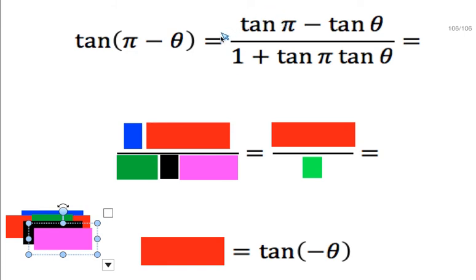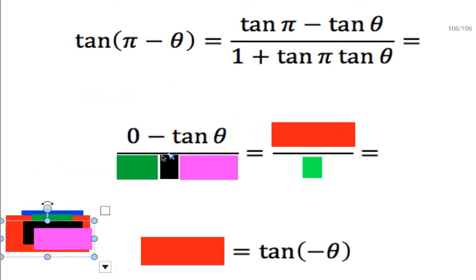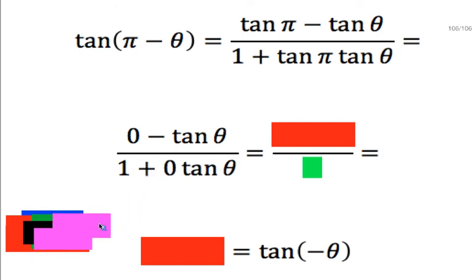You can use your exact value table. Tangent of pi is just 0. And then you have 0 minus tangent theta. In the denominator, the 1 plus is going to stay the same. And again, tangent pi is 0, times tangent theta.